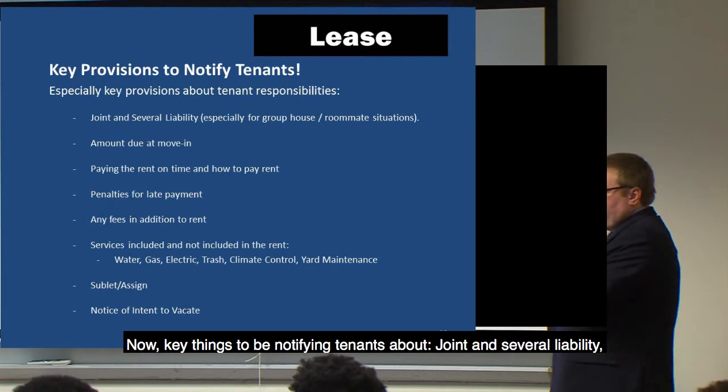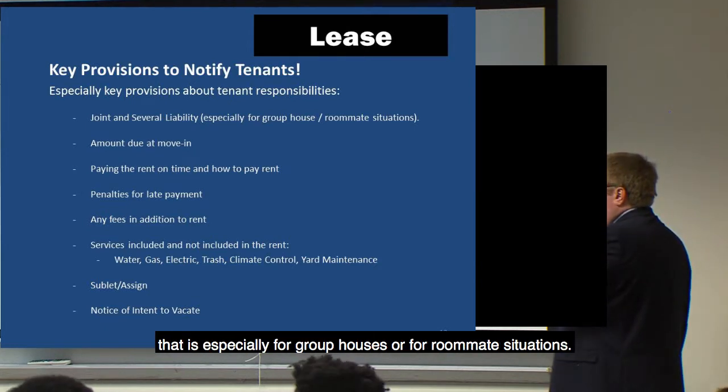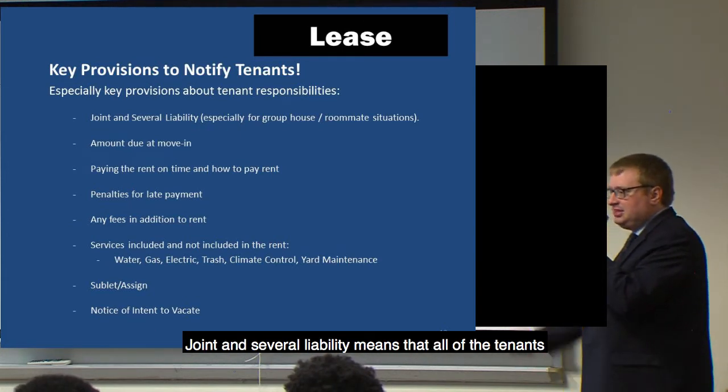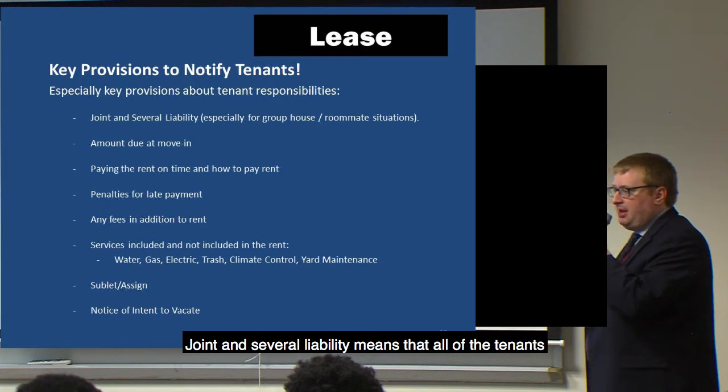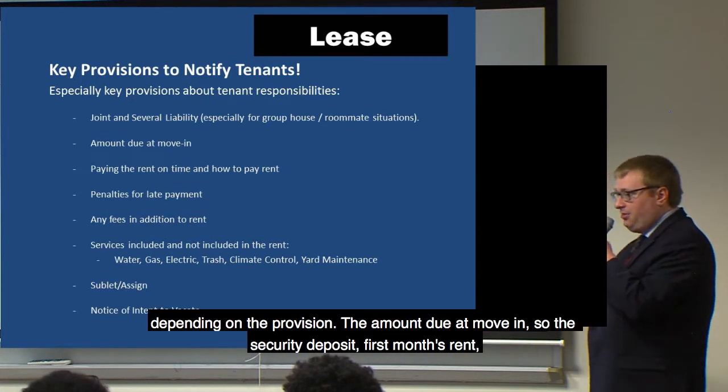Now, key things to be notifying tenants about. Joint and several liability. That is especially for group houses or roommate situations. Joint and several liability means that all of the tenants are responsible collectively, including for each other, depending on the provision.